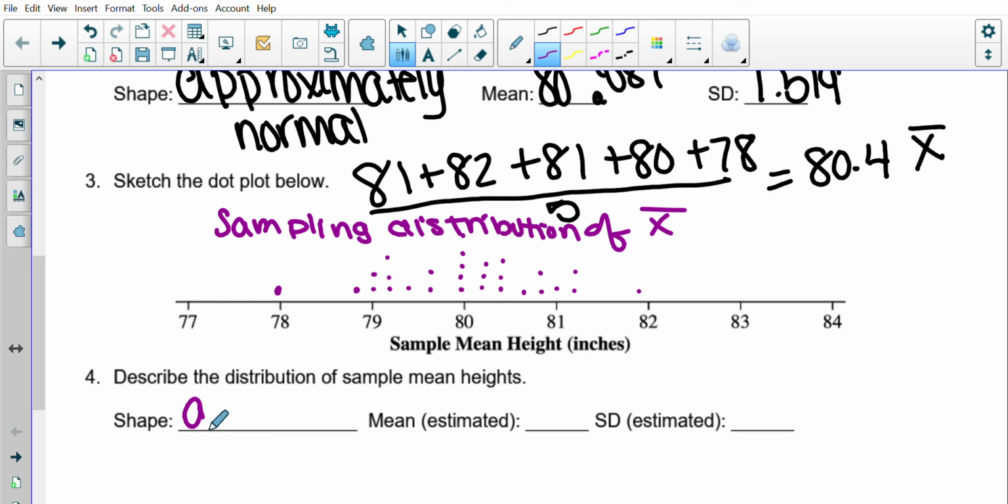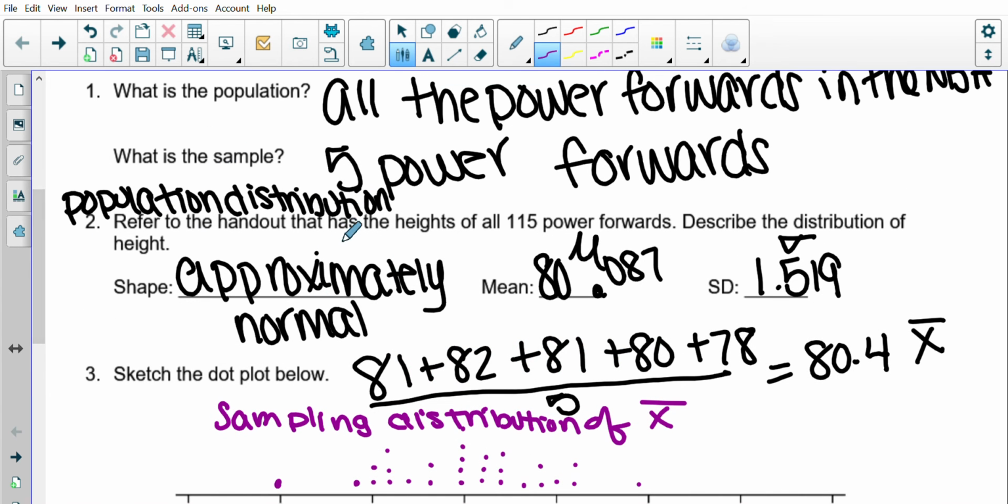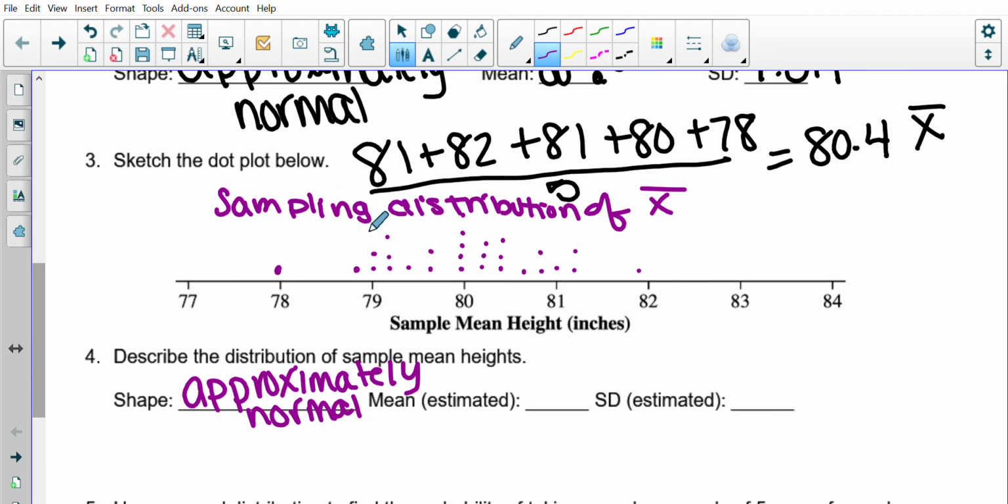So this is actually also approximately normal. Okay, and we can know that without even looking at our diagram. The reason why we know that is because if our population distribution is approximately normal, then our sampling distribution is going to be approximately normal.